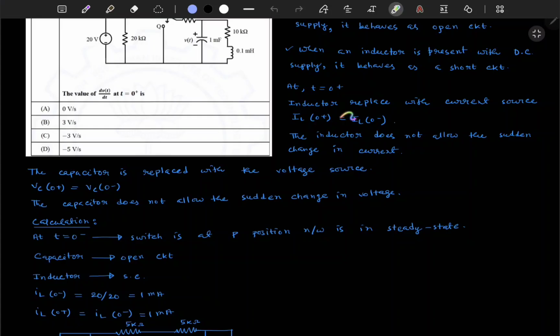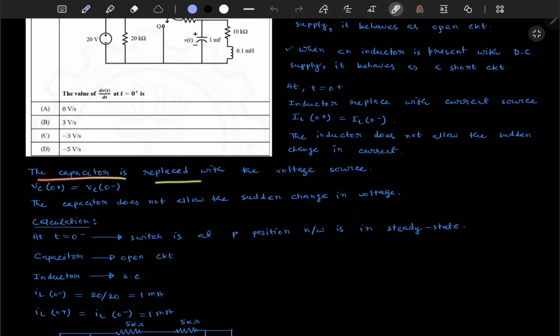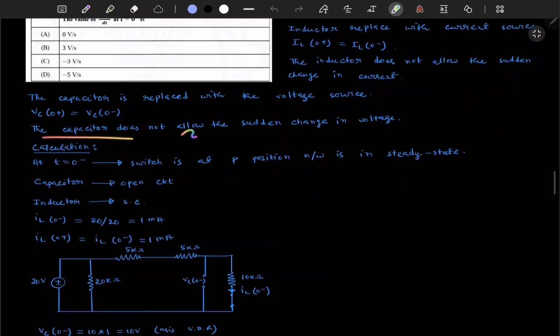This is valid for an inductor, and the inductor does not allow a sudden change of current. The capacitor is related with the voltage source: Vc(0+) equals Vc(0-). The capacitor does not allow a sudden change in voltage. Okay, calculation now we are doing.